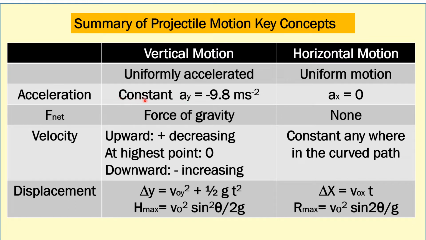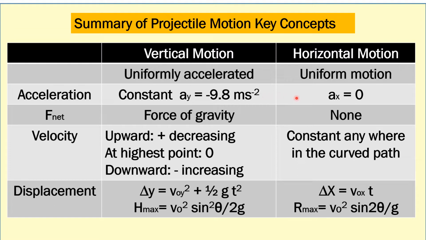The acceleration along the vertical, which we label as a sub y, is equal to negative 9.8 meters per second squared, which is always constant. That's exactly the acceleration due to gravity.